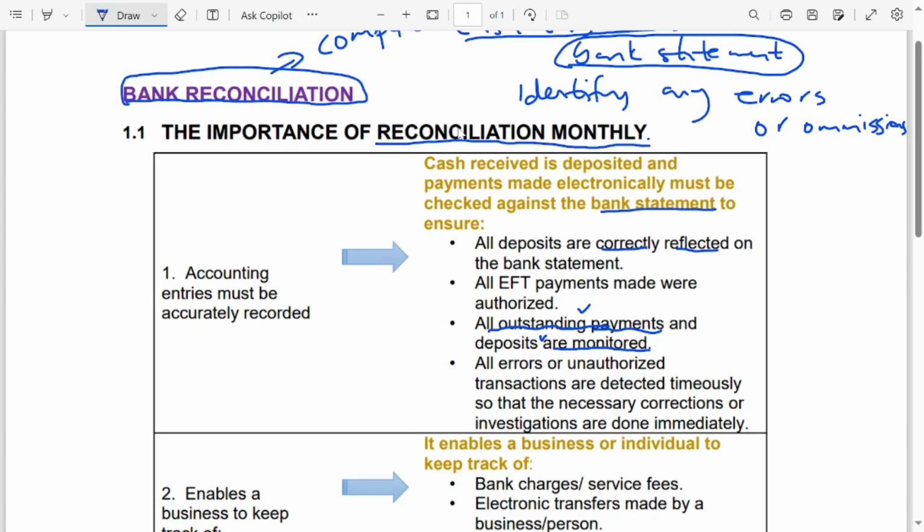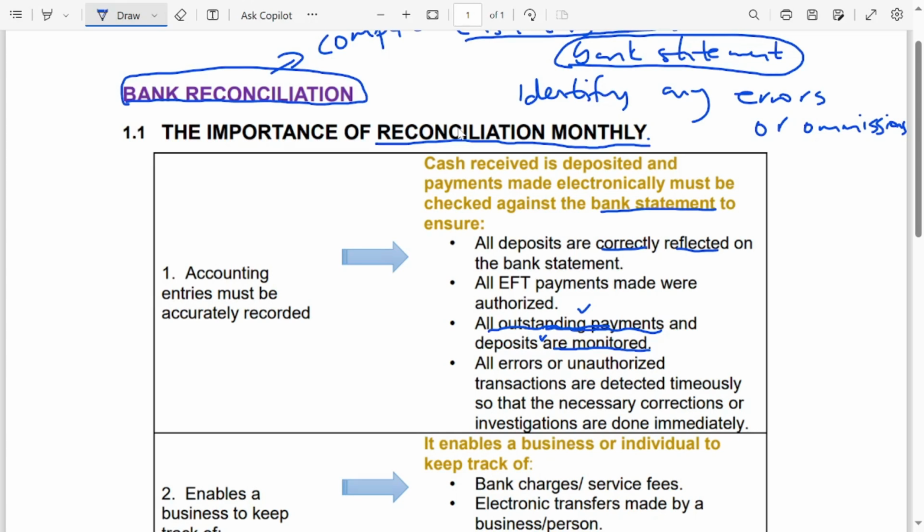It is when the business has made a payment and has recorded that payment in the cash transactions, but that payment is not appearing in the bank statement. The business has recorded it in the CPG, but it is not appearing in the bank statement. So that check is called an outstanding payment or an outstanding check.